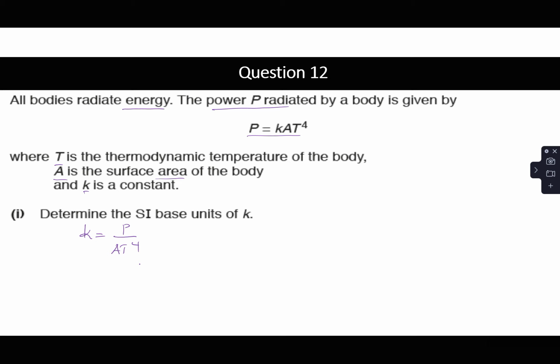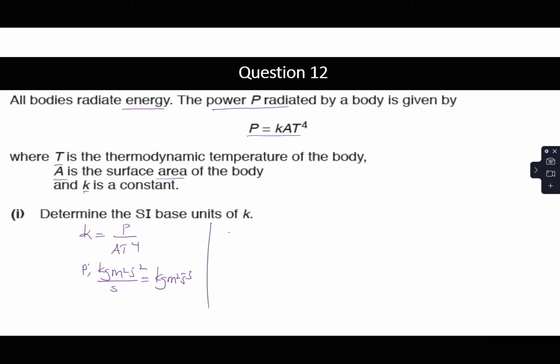And actually, it is Stefan-Boltzmann's constant. So P is power. We have already seen that the base units of power are kilogram meters squared per second squared for energy, divided by time, which is seconds, which simplifies to kilogram meters squared per second cubed.